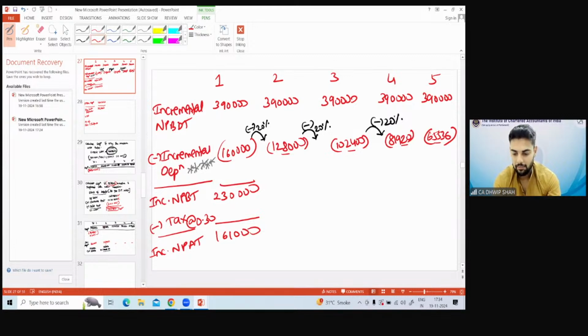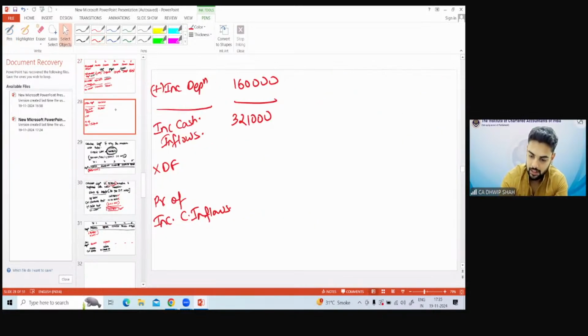So 390 minus 128. I hope now you can complete this table. Now it is very simple. 262 less 30% is 183,400. 183,400 plus 128 comes to 311,400.